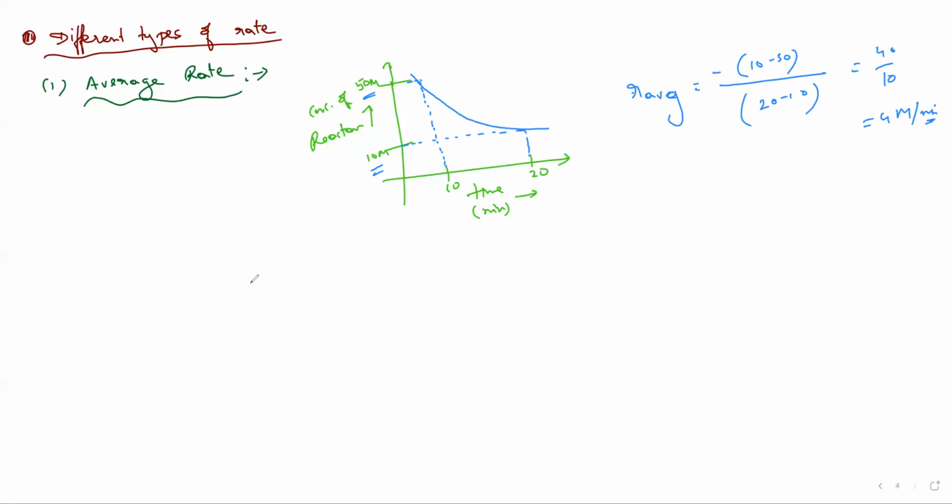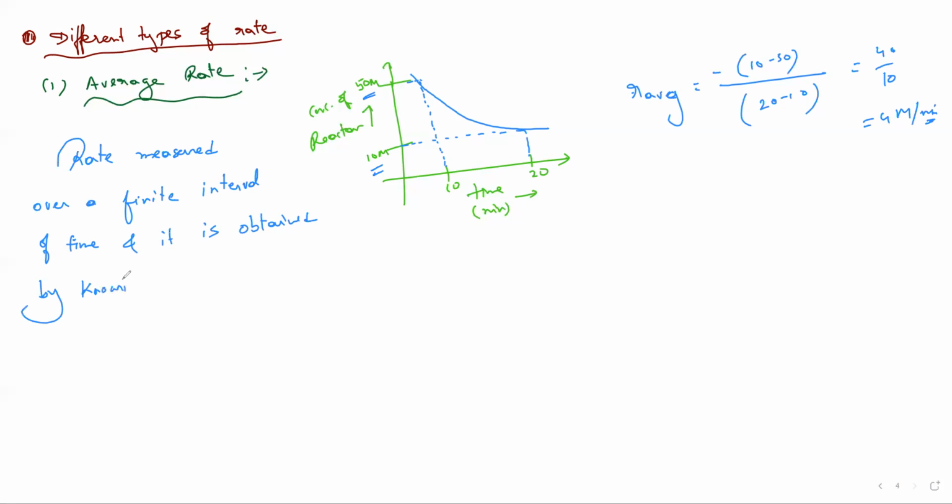Just write down, in this case, the rate is measured over a finite time interval, and it is obtained by knowing the concentration of substance at two different times.